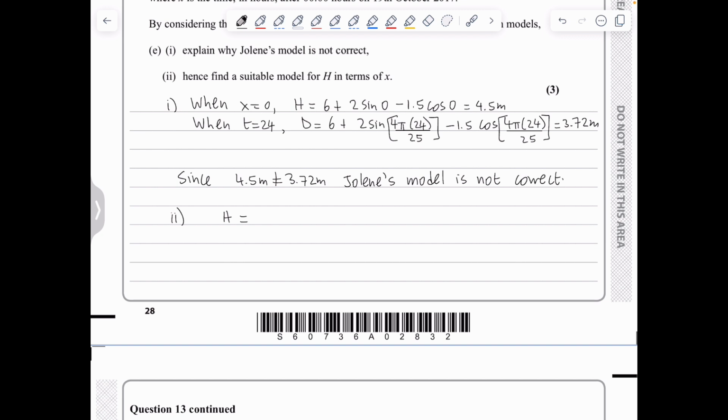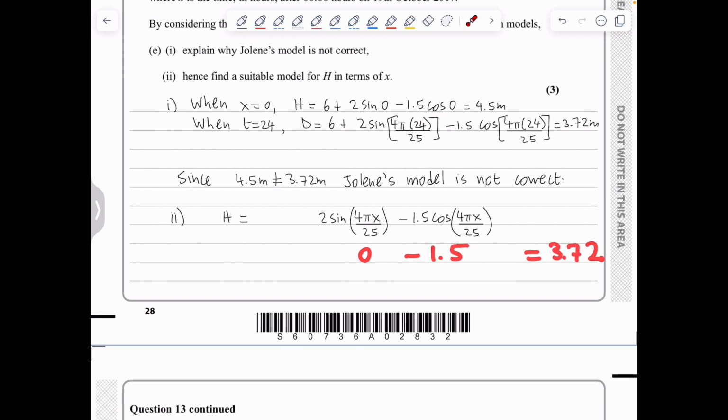So I will leave the 2 sine 4 pi x over 25 minus 1.5 cos 4 pi x over 25. And I want to make sure that when I plug in x is 0, I get 3.72. Well, when I put x is 0, this is giving me overall 0 minus 1.5. I want this to be 3.72.